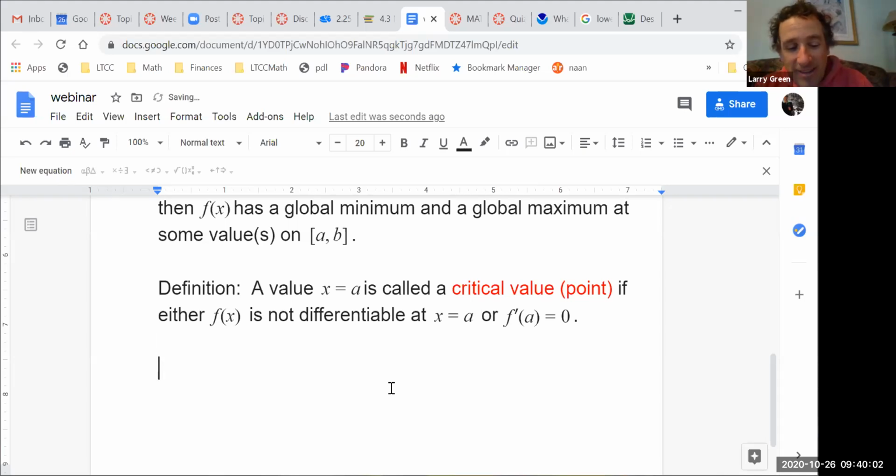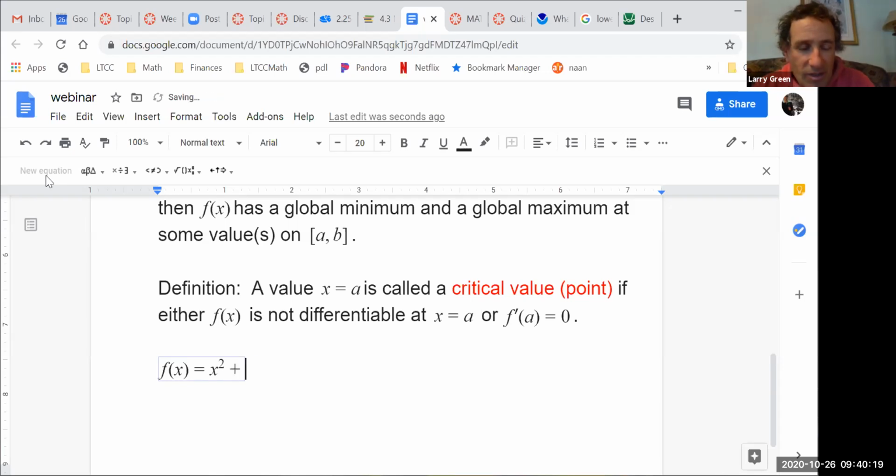Okay, let's suppose we had something like f of x is equal to x squared. I'll do something that's not too bad. How about plus sine of x? Piece of cake, right? Okay, first thing, by the way, where is it not differentiable?